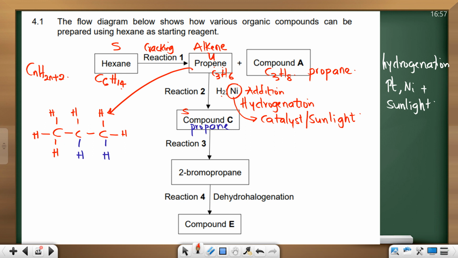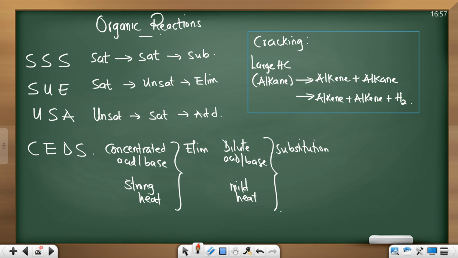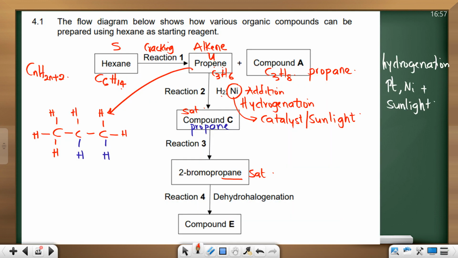Look at compound 4. Why do I keep numbering going down? What do we have? It's another saturated to saturated. What's your answer? It's a substitution reaction. We're done. To make life easy, draw the structure.